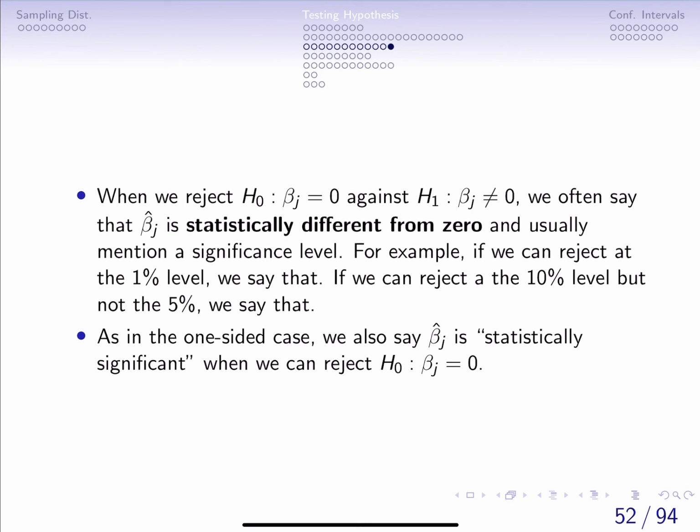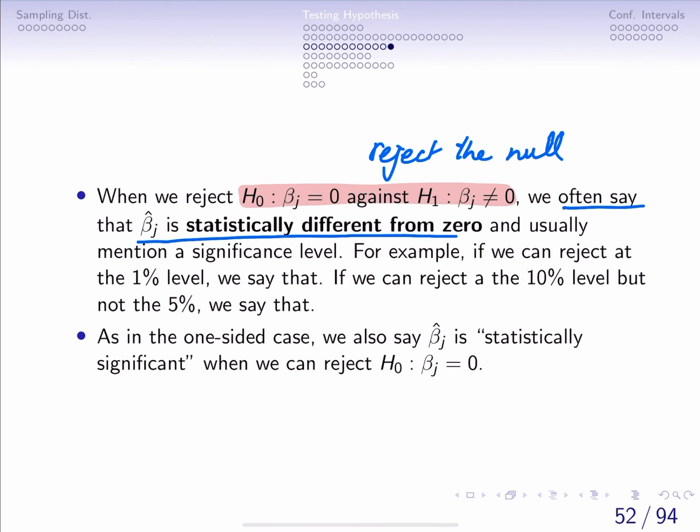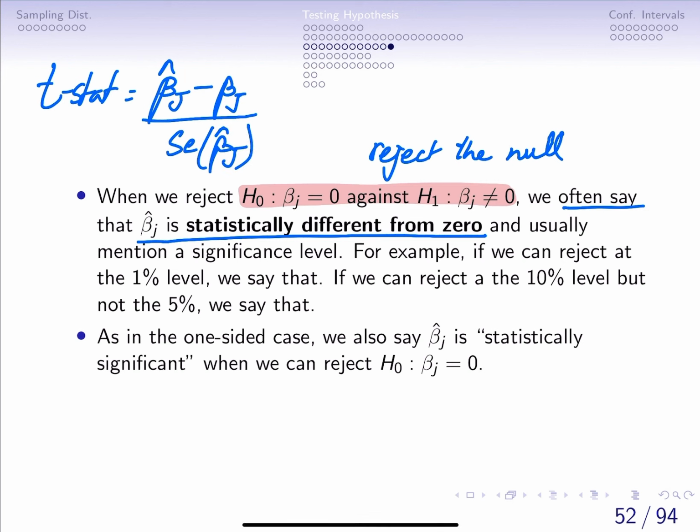Okay, so the language that you're going to use when you're thinking about rejecting the null is basically whenever we reject the null, we often say that beta hat j is statistically different from 0. Remember what we were saying in the t statistic. This is the distance between the estimate from its hypothesized value relative to the standard error of our estimate, okay?